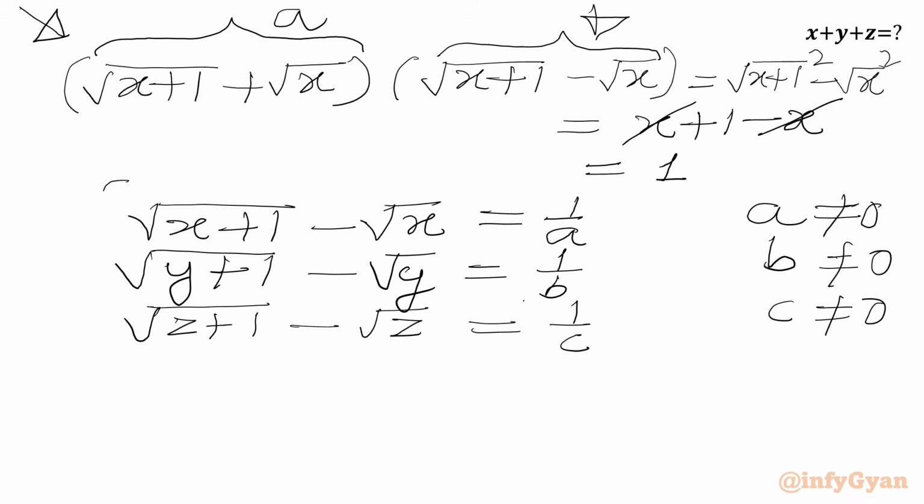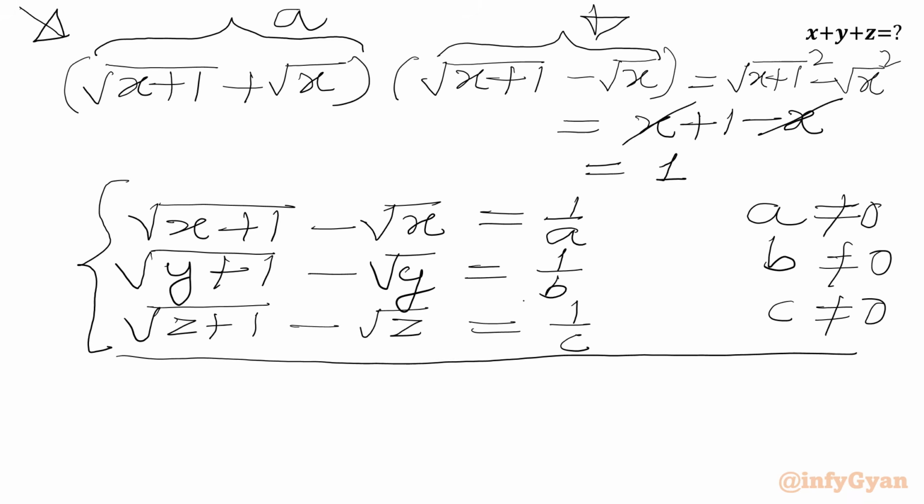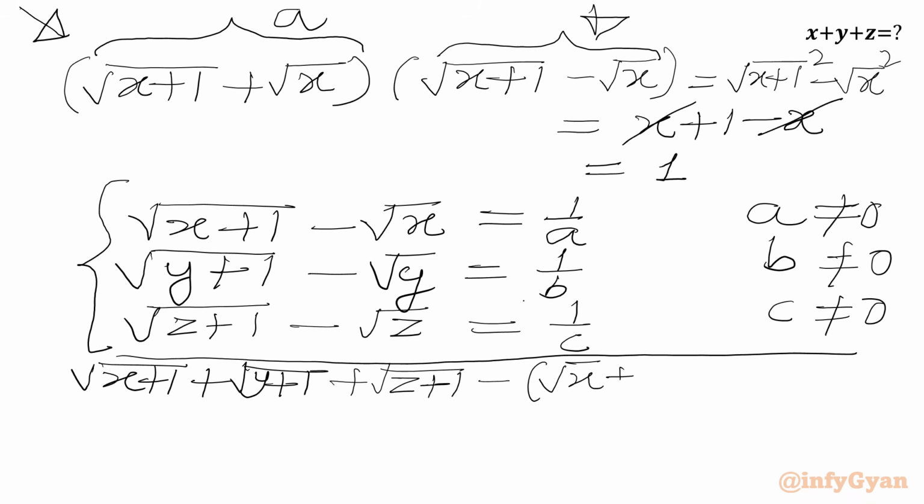Now we are going to add these three equations. Let's add first. We'll be writing square root x plus 1 plus square root y plus 1 plus square root z plus 1 minus in bracket square root x plus square root y plus square root z. This must be equal to 1 over a plus 1 over b plus 1 over c.